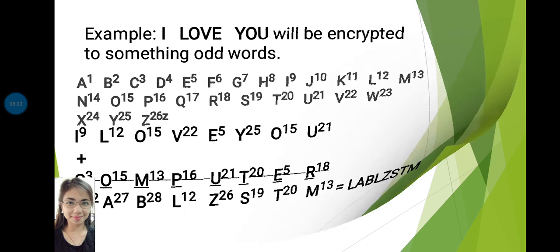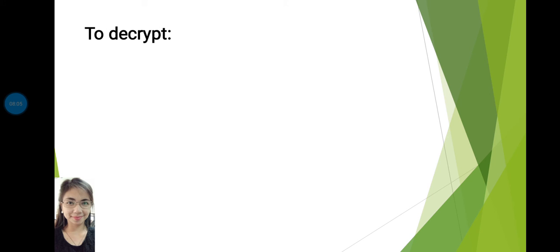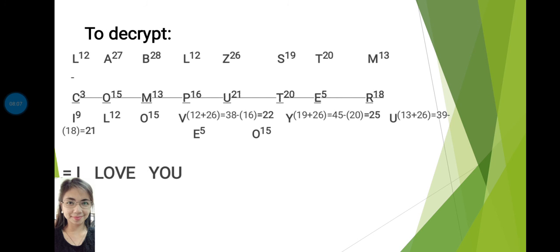So we obtained LABLZSTM. How to decrypt? In order to find the meaning, we have to subtract this encrypted word by the keyword computer. So 12 minus 3 is 9, and the 9th letter is I. 27 minus 15, that is equivalent to 12, so the 12th letter is L. How about this one? 12 minus 16, that becomes negative 4, right?